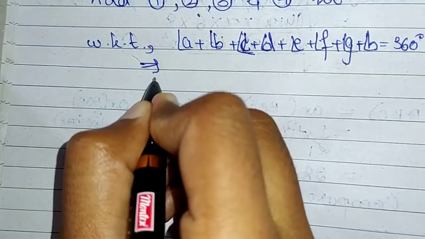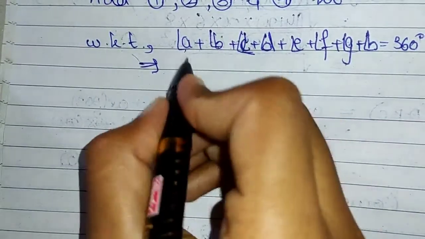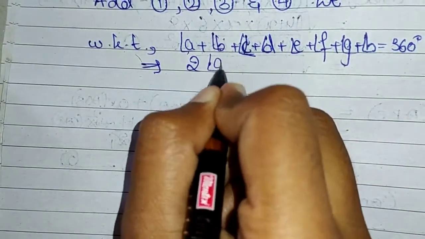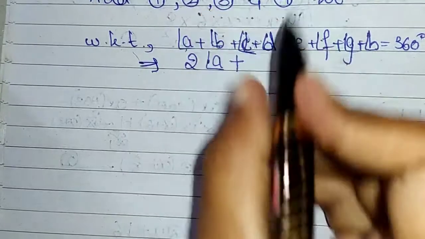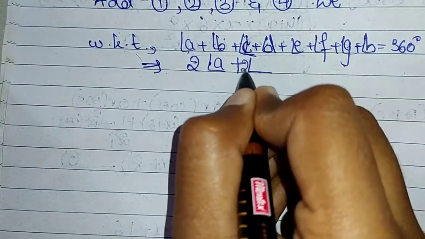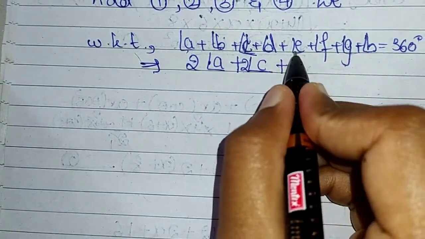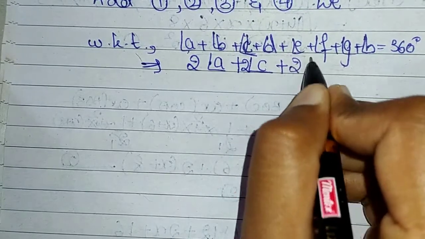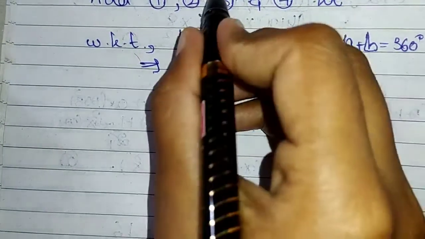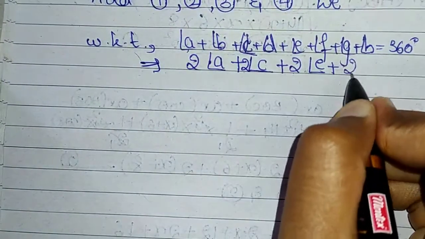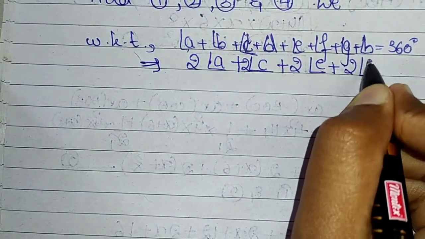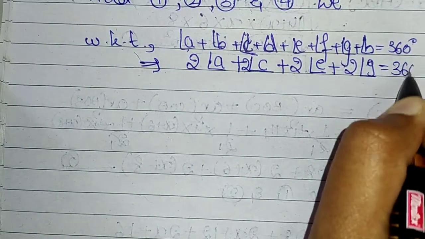So this implies A is equal to B. So I can write 2 angle A plus C is equal to D. So I can write 2 angle C plus E is equal to F. So we can write 2 angle E plus angle G is equal to angle H. So we can write 2 angle G is equal to 360 degrees.